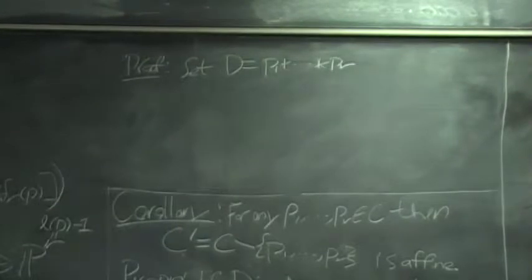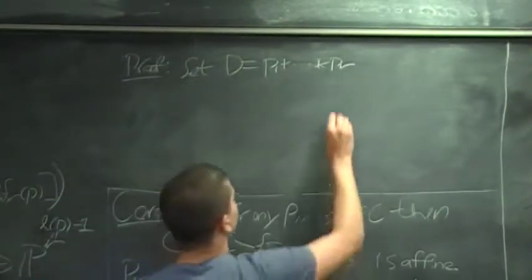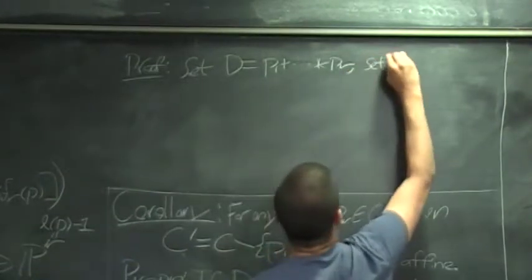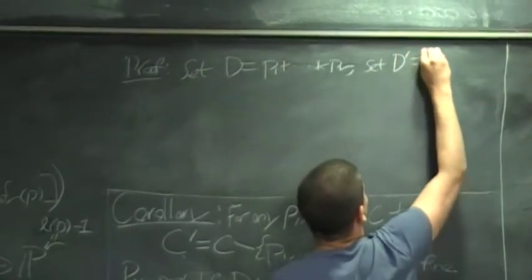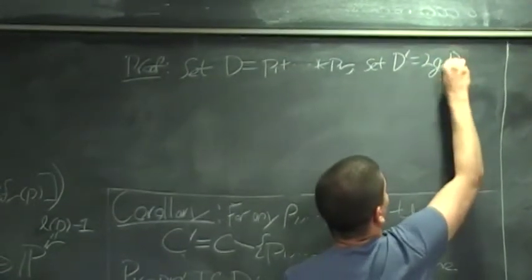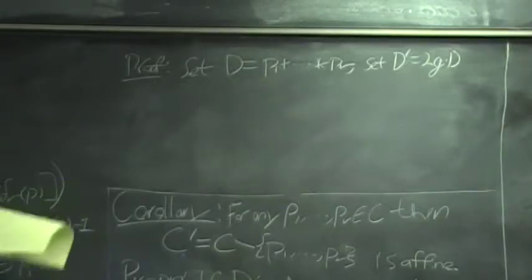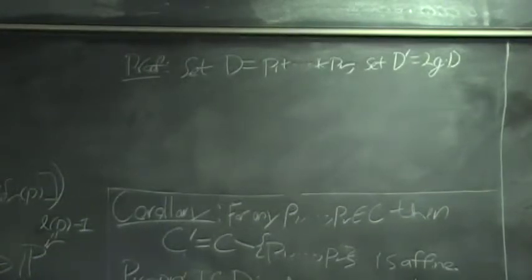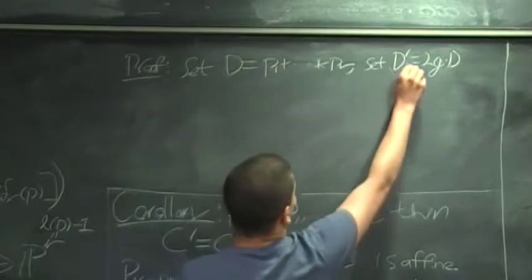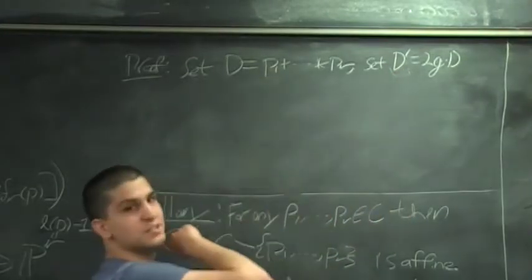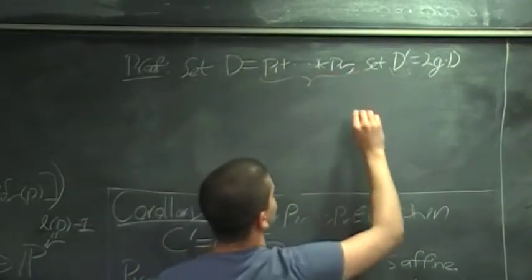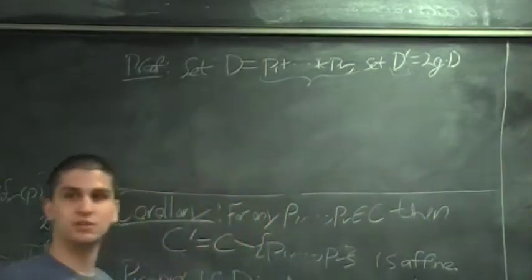So this is a divisor on C, and then set D prime to be 2G times D. We could take any big multiple. Anything bigger than 2G will work just fine also. And if we have lots of points, then we could choose something smaller than 2G. But we just need a divisor whose non-zero coefficients are only at these points, and it has degree bigger than 2G.